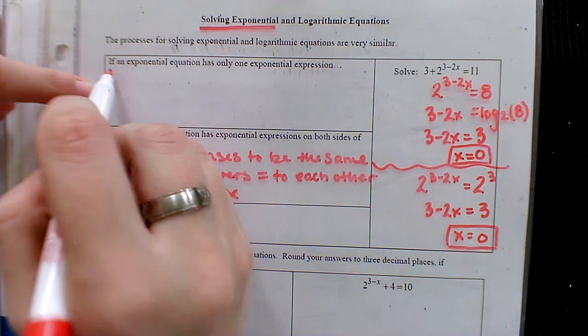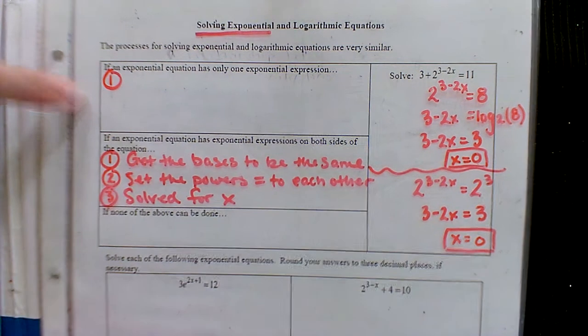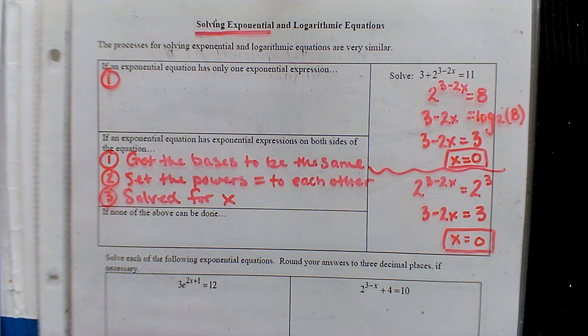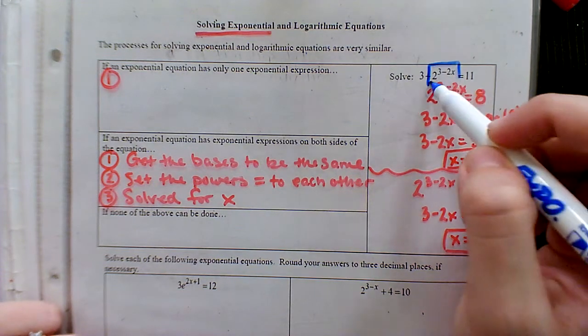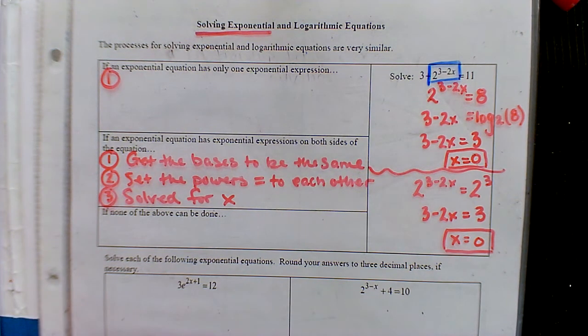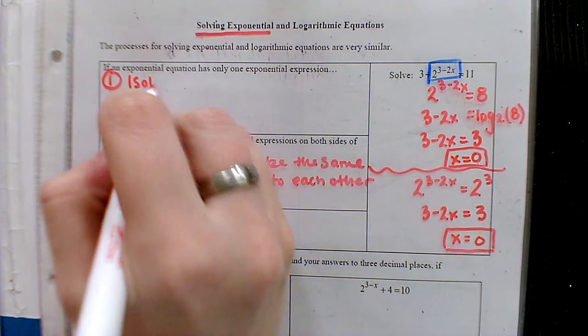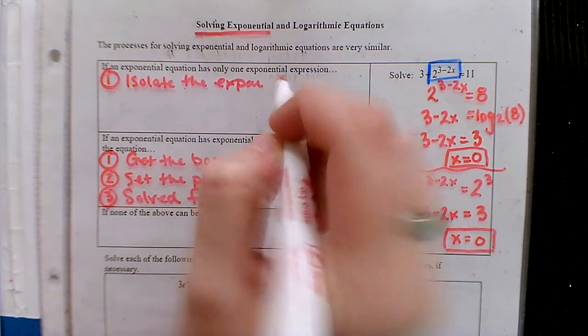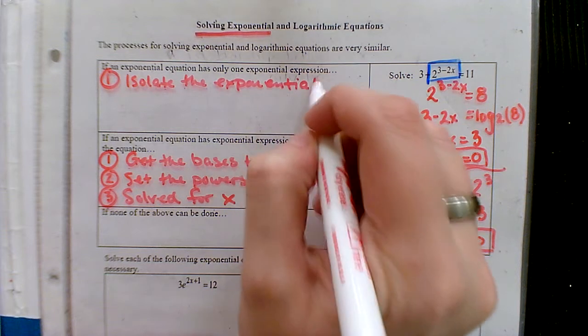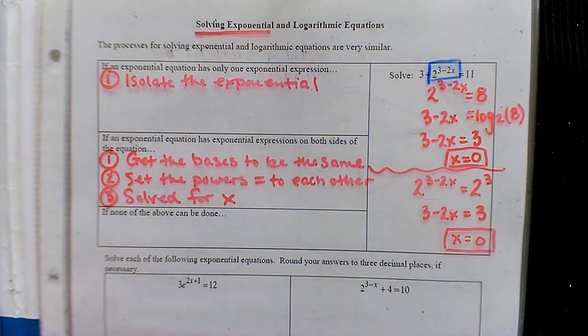So for you procedural people, let's go ahead and write those things down. The first thing we did way back when was we moved the 3 over to the other side, and we were left with this exponential piece, 2 to the 3 minus 2x. We're going to try to do that first. We're going to isolate the exponential, whatever the base to the power is. Anything else we're going to move to the other side.